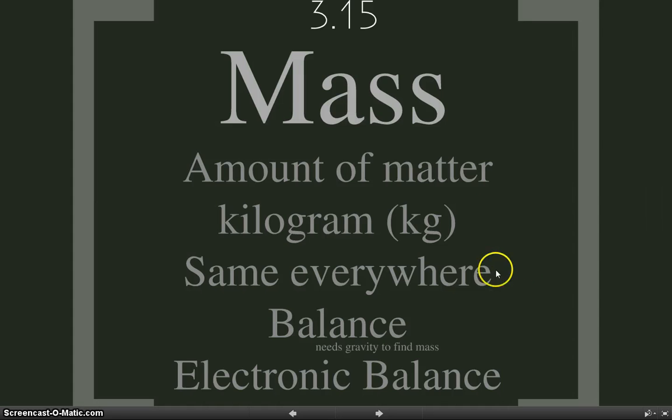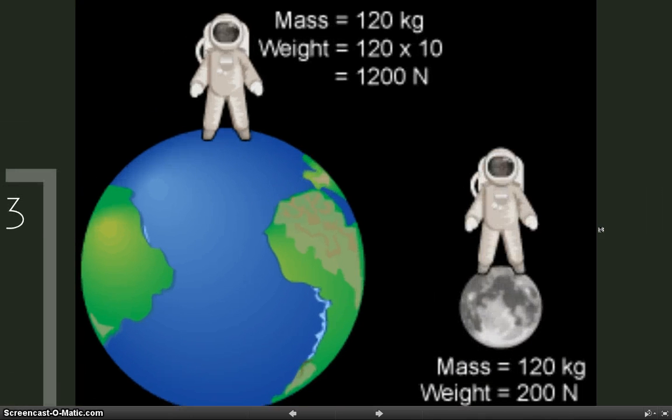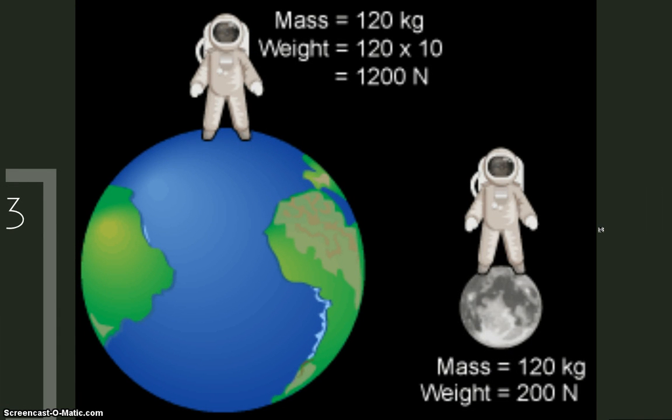And the mass of something is going to be the same no matter where you are. Even if you leave Earth, you're still going to have the same mass, even though your weight will change. Here's a nice diagram that shows this. If we've got an astronaut, that astronaut has a mass of 120 kilograms while on Earth. Weight can be approximated on Earth by multiplying your mass by about 10.